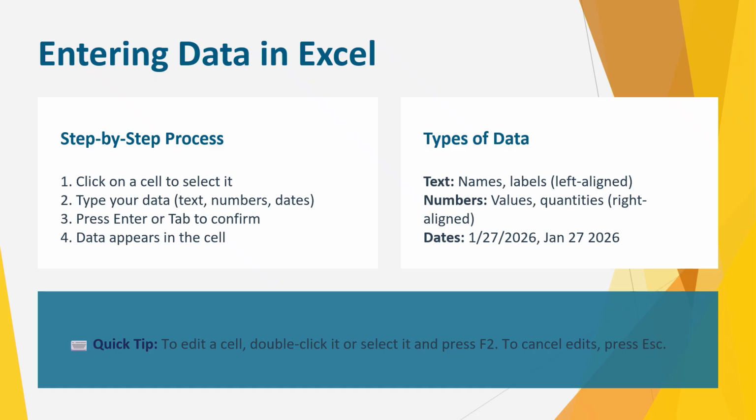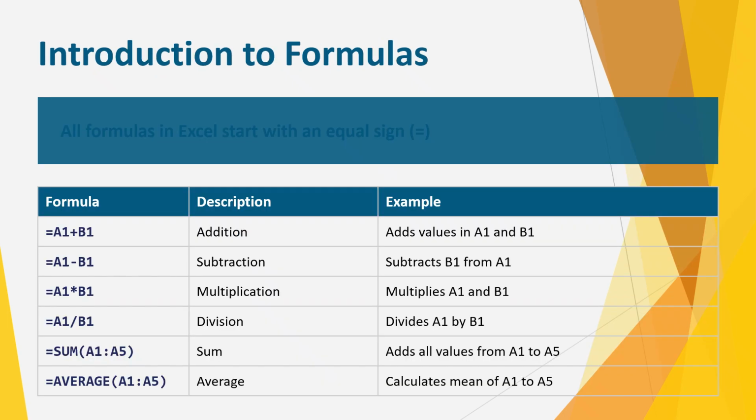You press enter to confirm and the data appears in the cell. So we have different types of data as shown above. You can align it right, you can align it left, you can shift it up, you can centralize it. All these things are subject to editing, depending on what you aim at setting up.